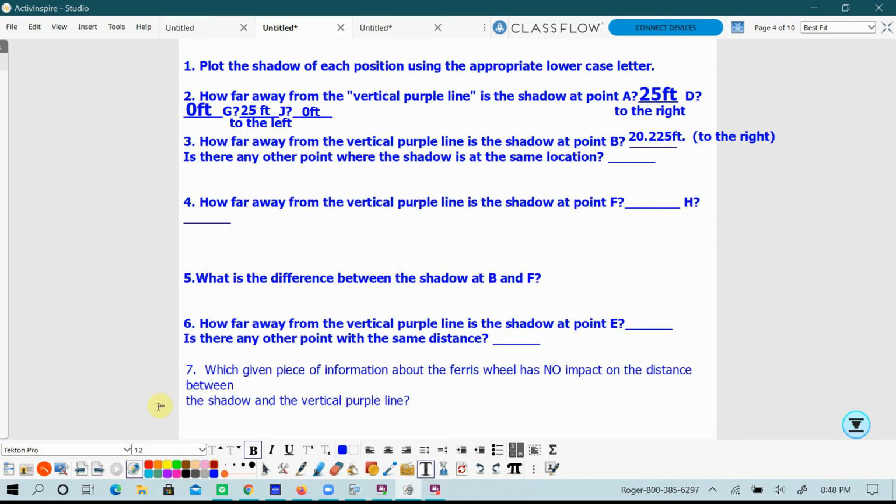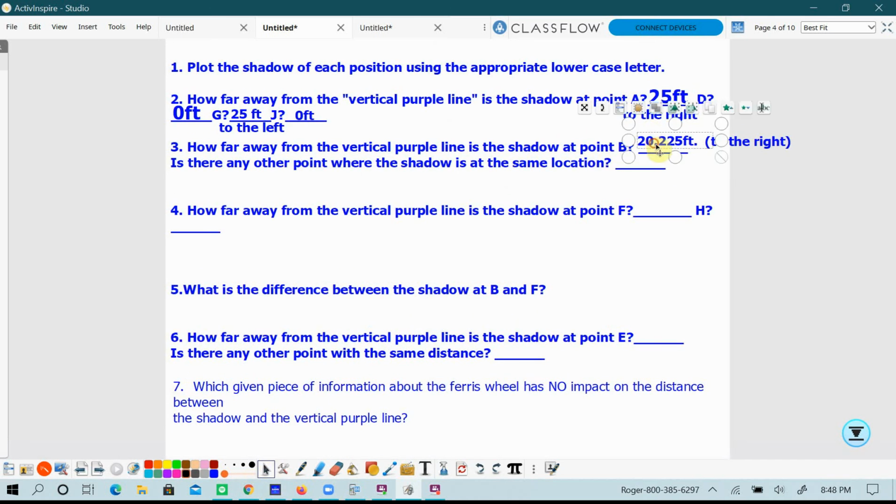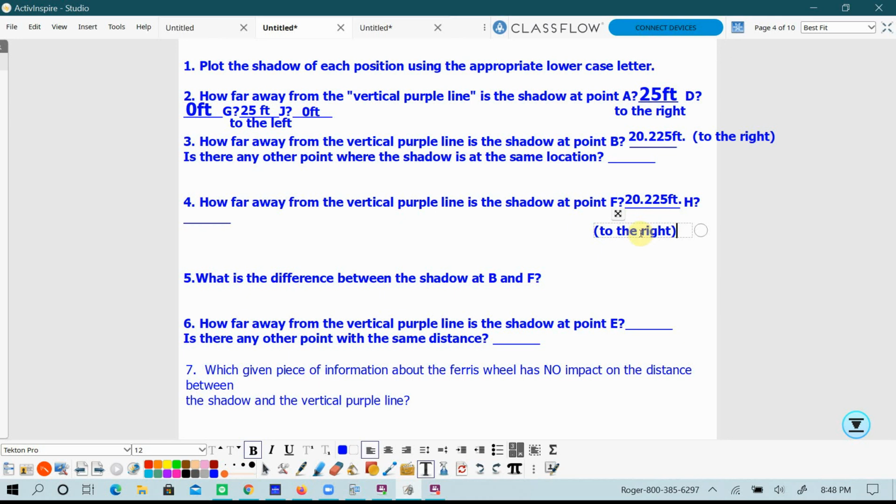So you want to acknowledge that when you write this. So this is also 20.225 feet, but instead of saying negative, you're going to say it's to the left.